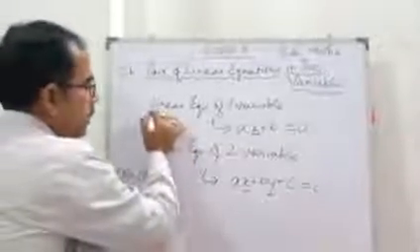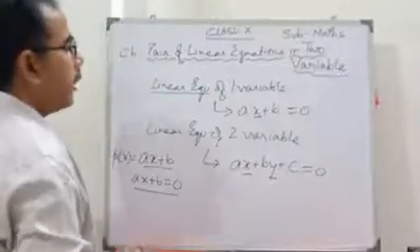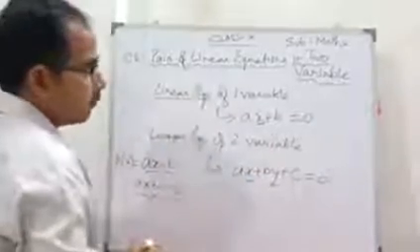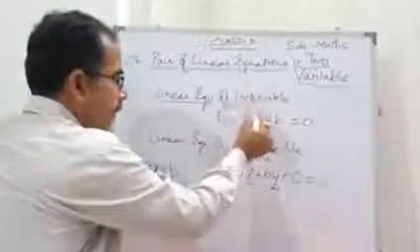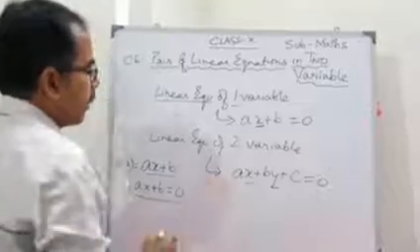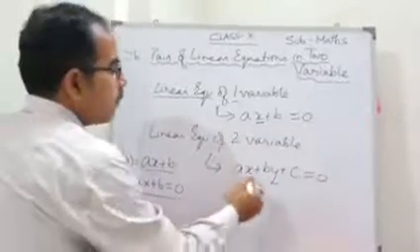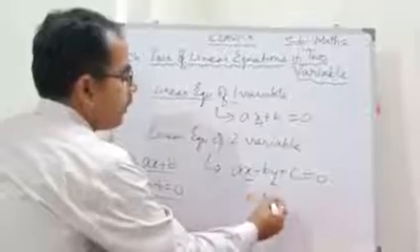As we are studying linear equations, linear means the degree should be 1. With one variable, only one variable is used, and linear equations of two variables means two variables will be used, here x and y.